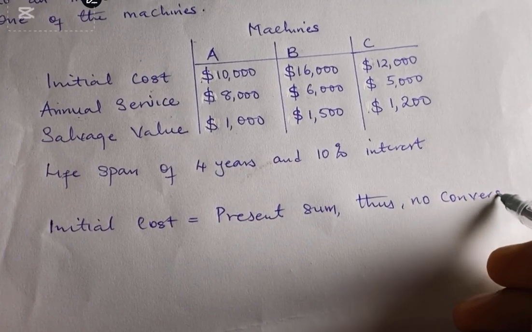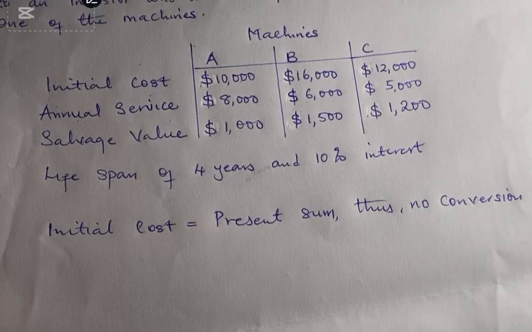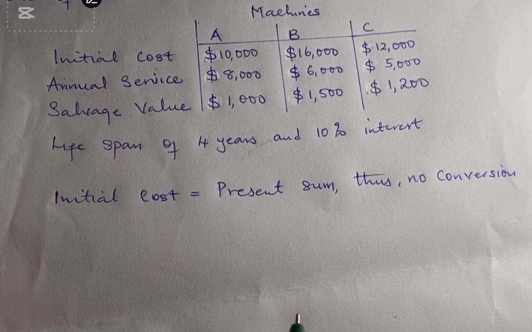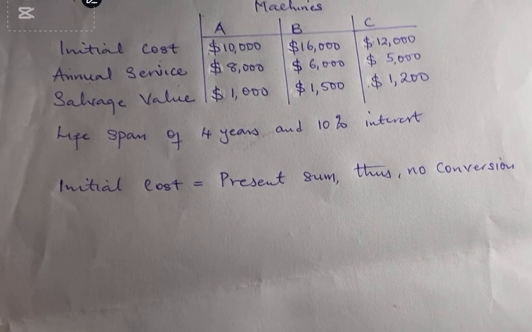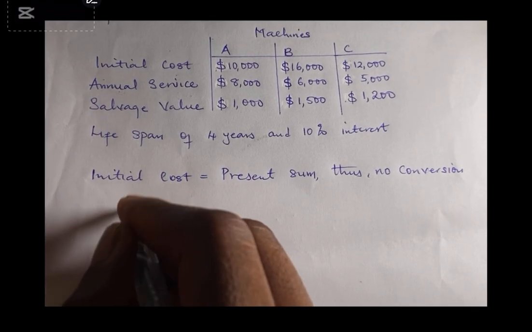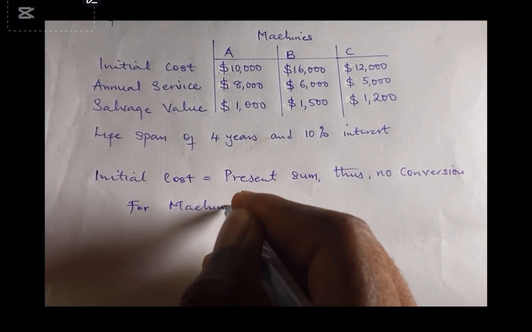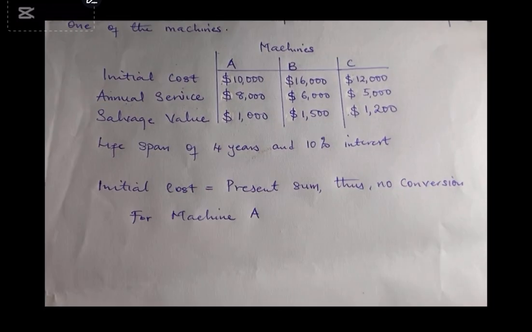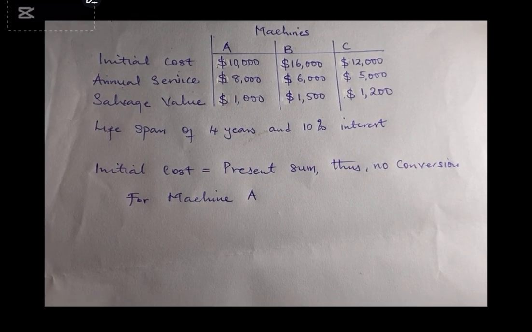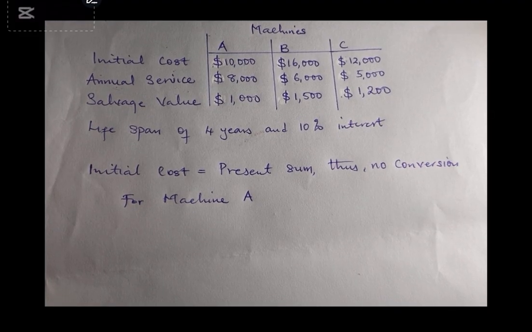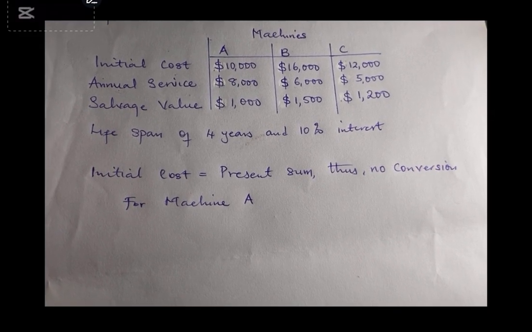Now we start analyzing other cash flows in the question. What next do you see? Now for machine A, the annual service is given. An annual service is money you'll be using to service this machine annually.